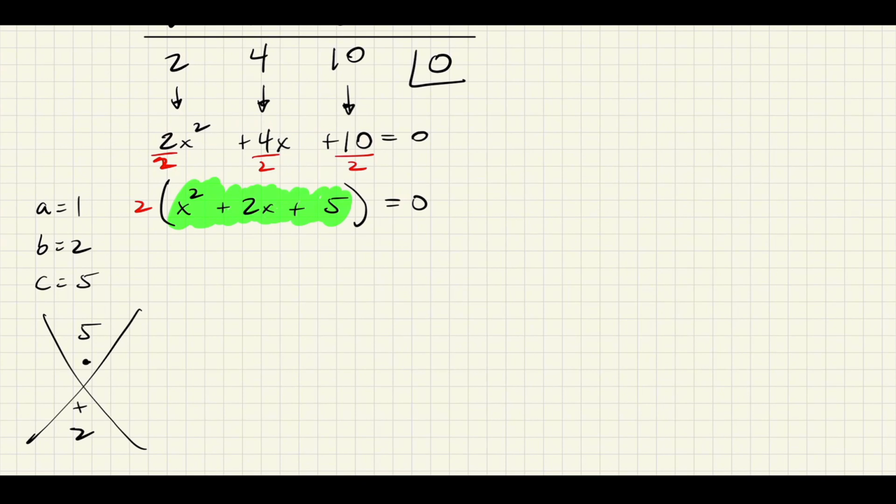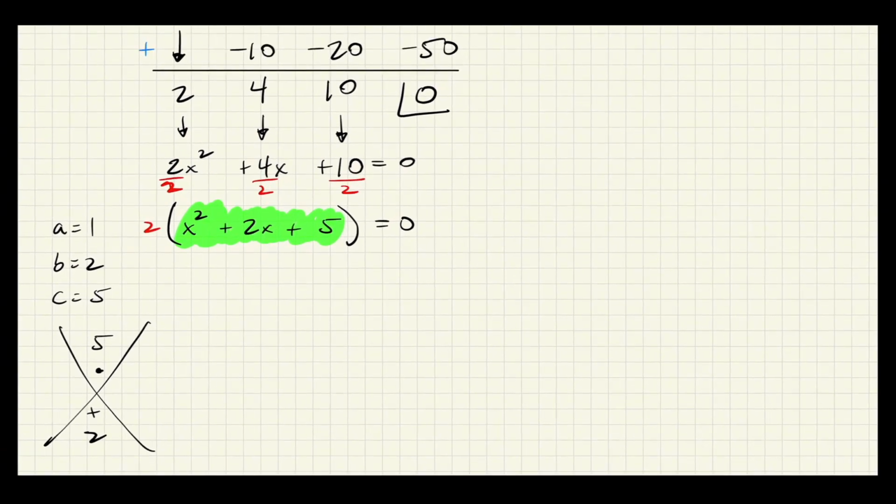Well, there's only two numbers that multiply to be 5: 5 and 1. When I add those two, that doesn't make 2. Or -5 and -1. Still doesn't make 2, right? So what did we do last chapter when we ran into a situation like that? We had to use the quadratic formula, yeah. I know it's a little bit of a pain, but it's not like we haven't done it before.